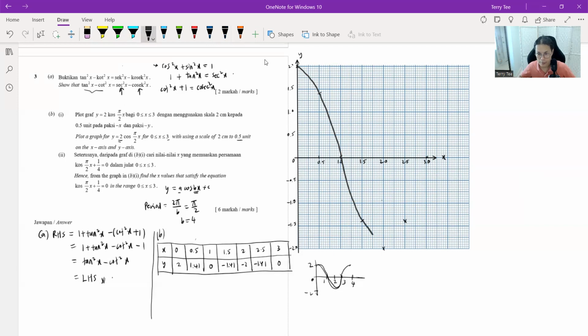Very ugly. Curve. Okay, this part had to change. Okay, yep, my graph is done.